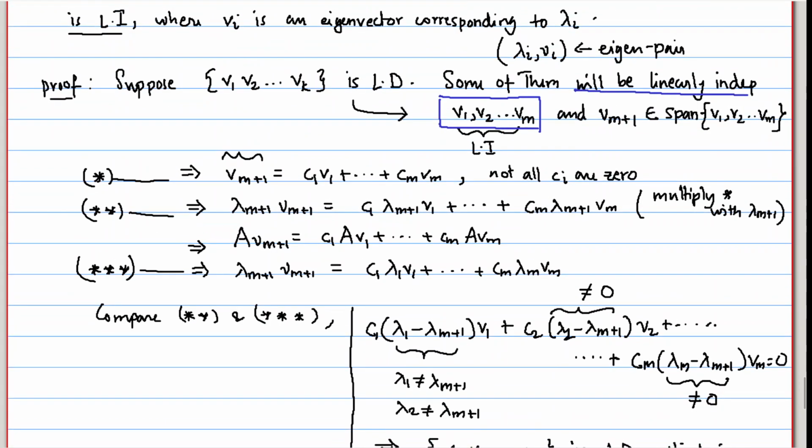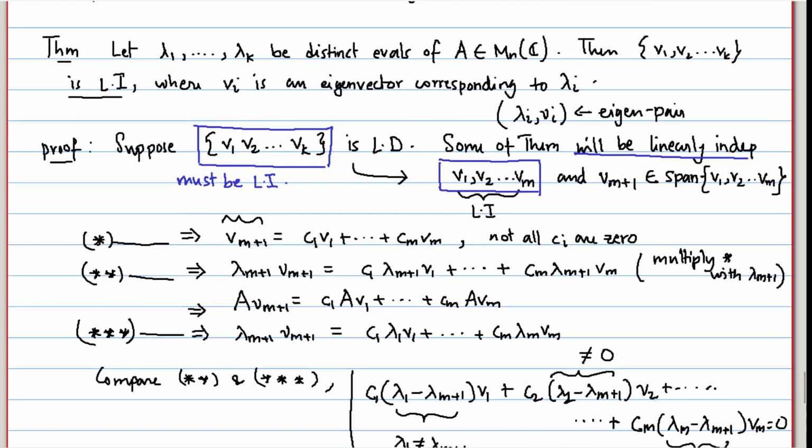That means our initial assumption is wrong, which means this set must be linearly independent. The proof is clear.